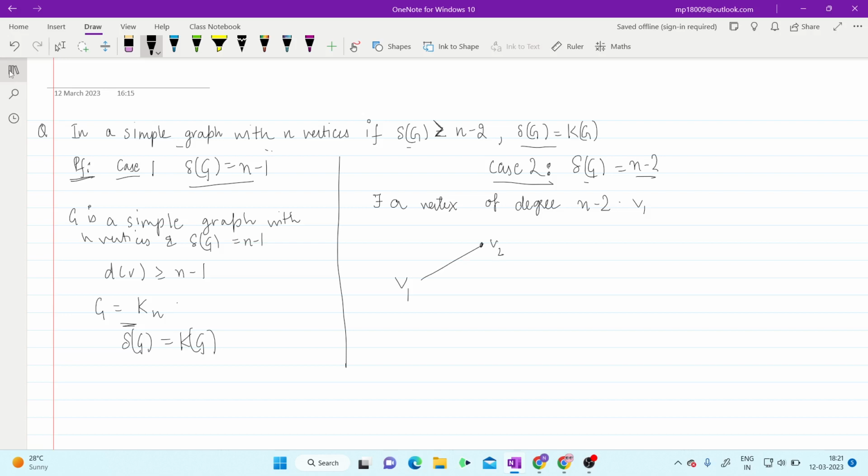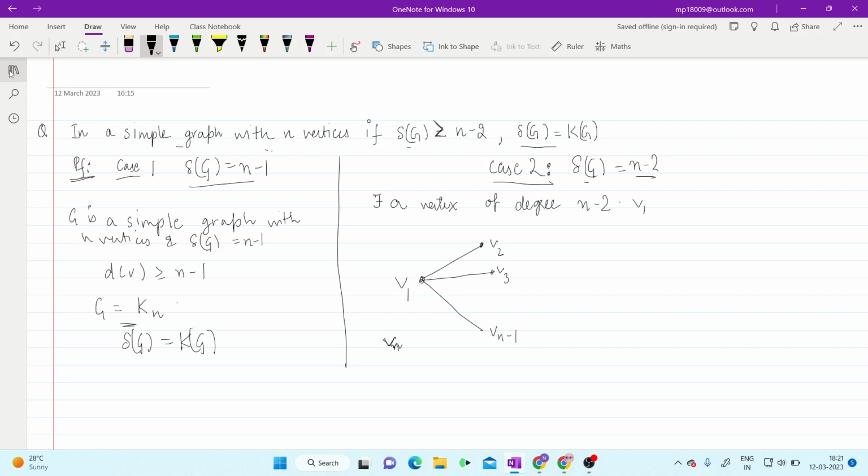So V2, V3, up to Vn minus 1. V1 has this degree, and then we also have one vertex which is not attached to V1. There can be more edges, but V1 Vn is not an edge for sure.